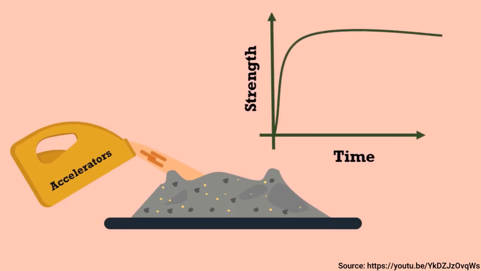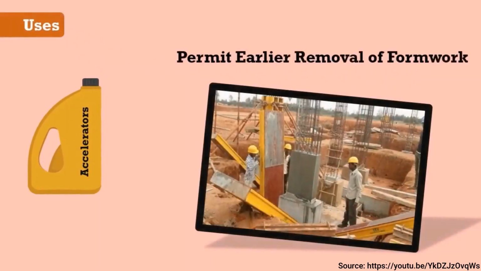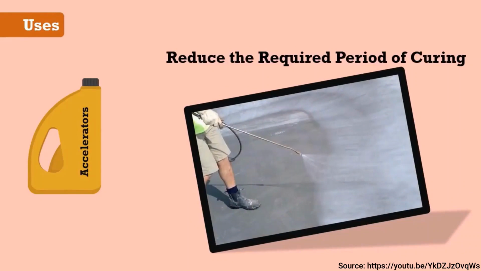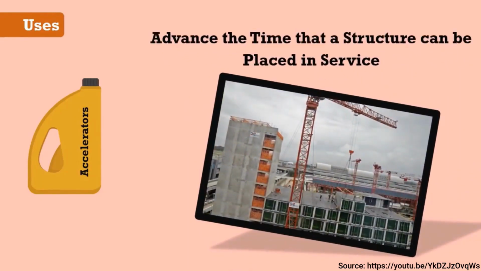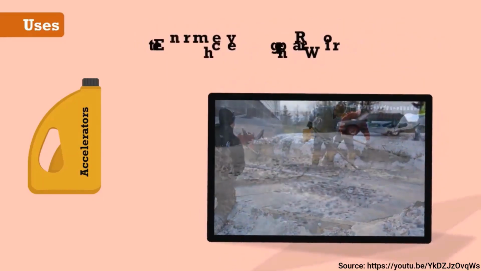The common uses of adding accelerating admixtures are: permitting early removal of formwork, reducing the required period of curing, advancing the time that a structure can be placed in service, and partially compensating for the retarding effect of low temperature during cold weather concreting.